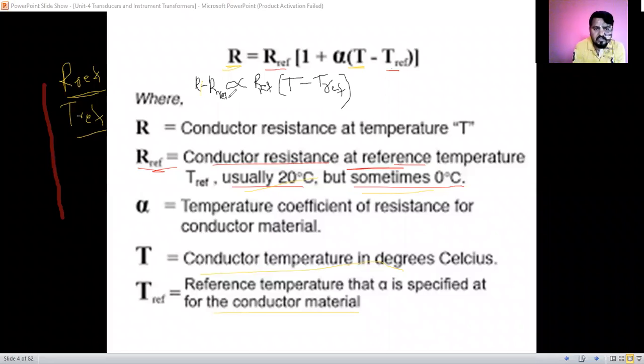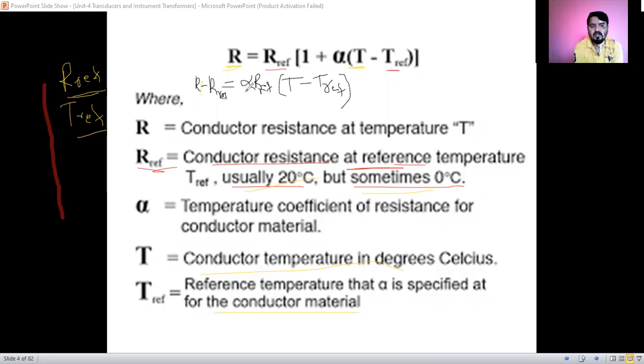But whatever this proportionality is there, by removing this proportionality, I will add an equal to here, which means the proportionality constant will come as alpha. That is called the temperature coefficient of resistance or resistance temperature coefficient, which is the proportionality constant for the RTC derivation.